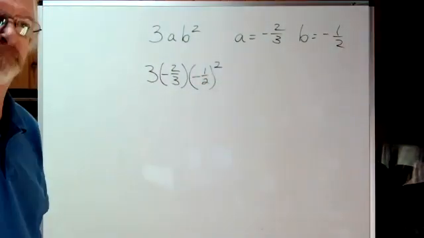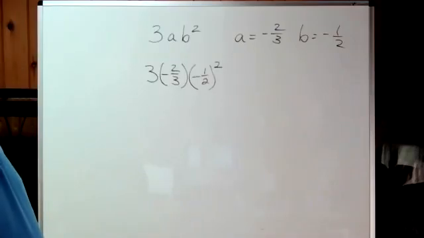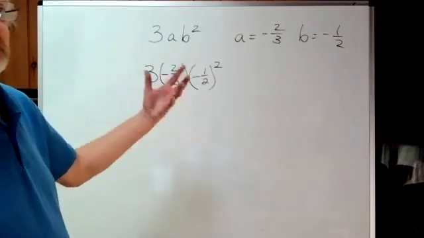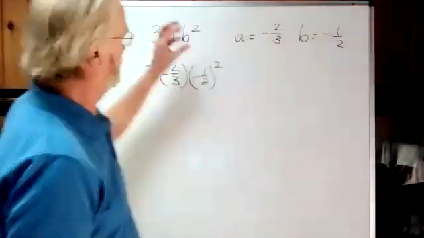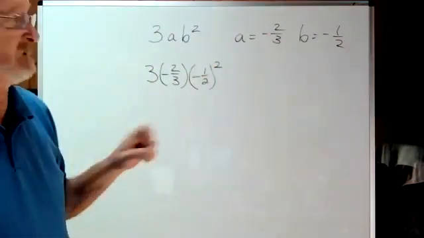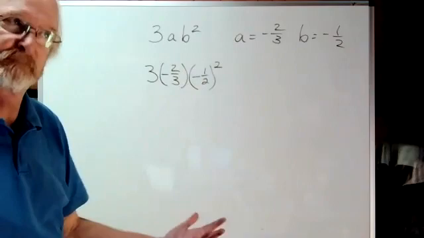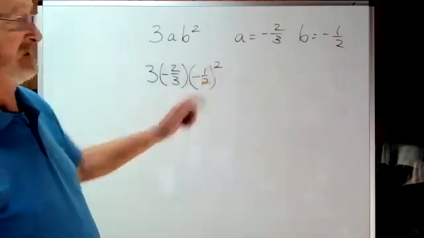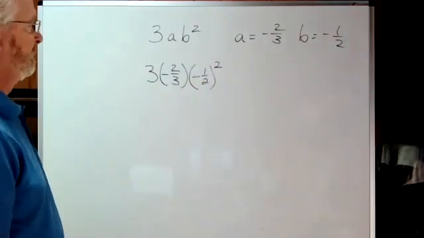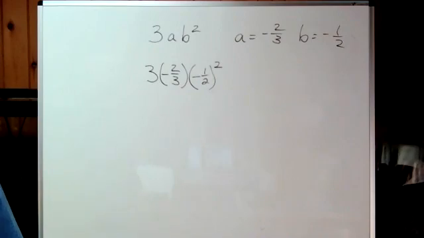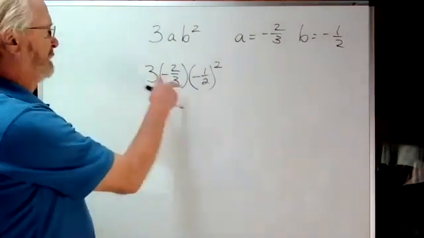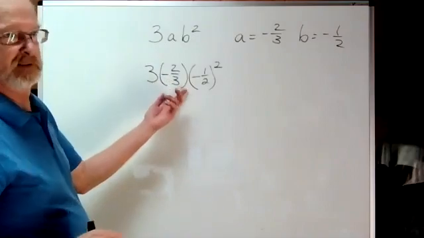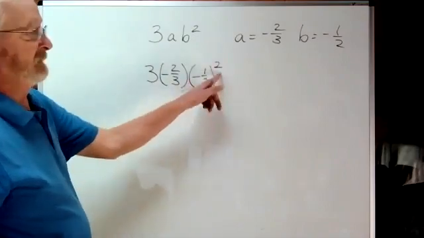Here's where that topic we started with today pops up. In evaluating, the negative is part of b. It goes in, that's all b right there, and it needs the parentheses because it's going to get squared. Grouping symbols, not really other than holding the negative signs, but there is an exponent.